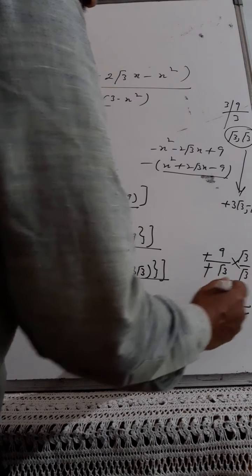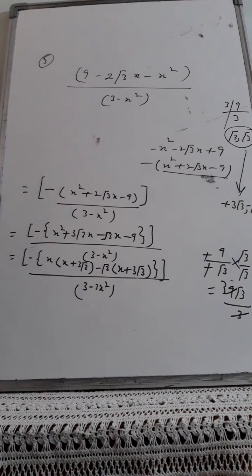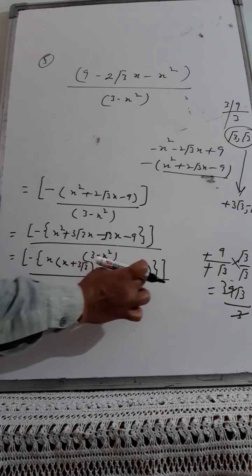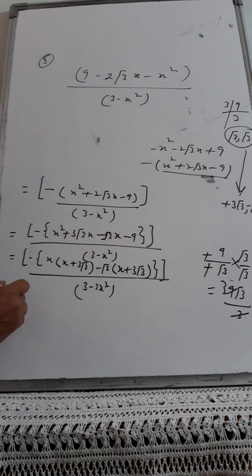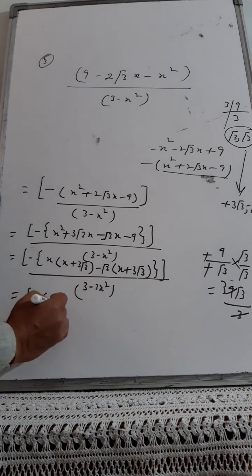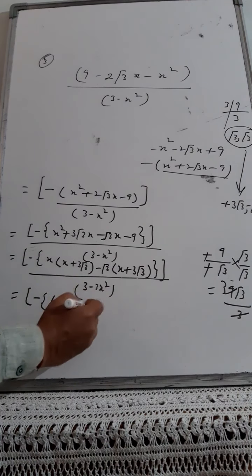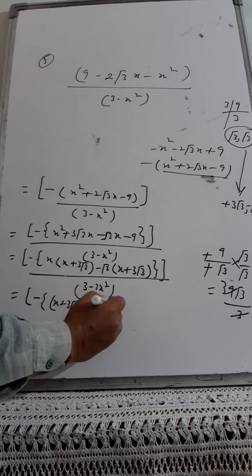So 3 threes are left and I will be left with 3 root 3, because in middle term splitting, all of you know, whatever is there in the first bracket, the same will be left in the second bracket. So again, do not forget to put this minus, and inside the brackets you are left with x plus 3 root 3 common, into x minus root 3.